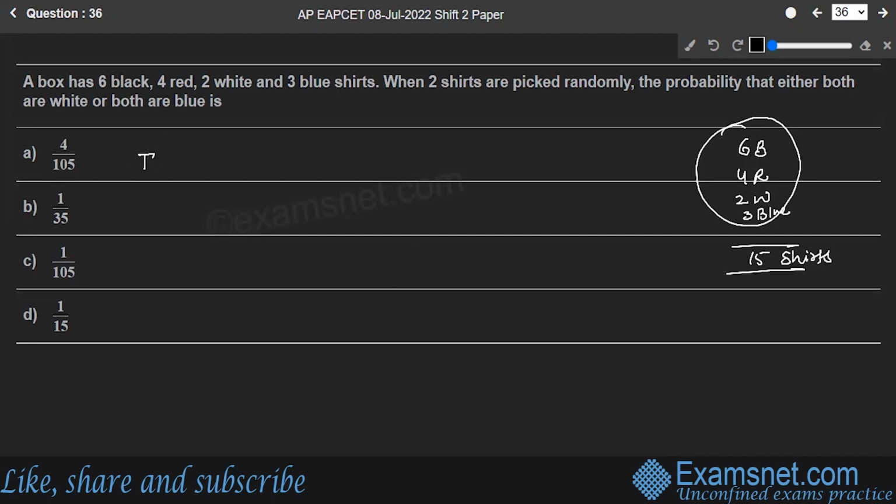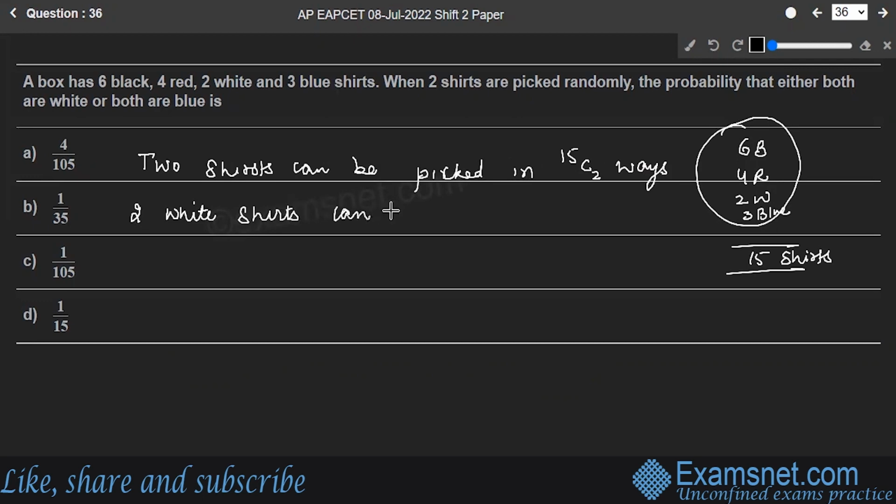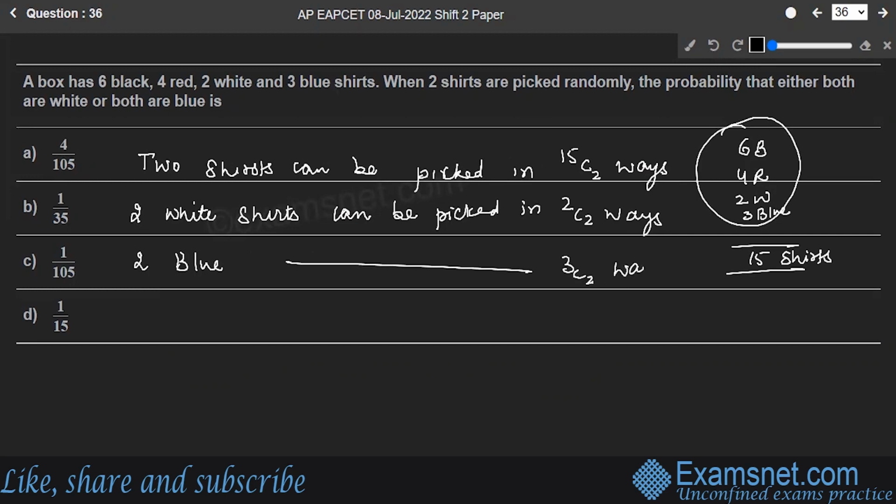Now, 2 shirts can be picked in 15C2 ways. So, 2 white shirts can be picked in 2C2 ways. Right? 2 blue shirts can be picked in 3C2 ways.